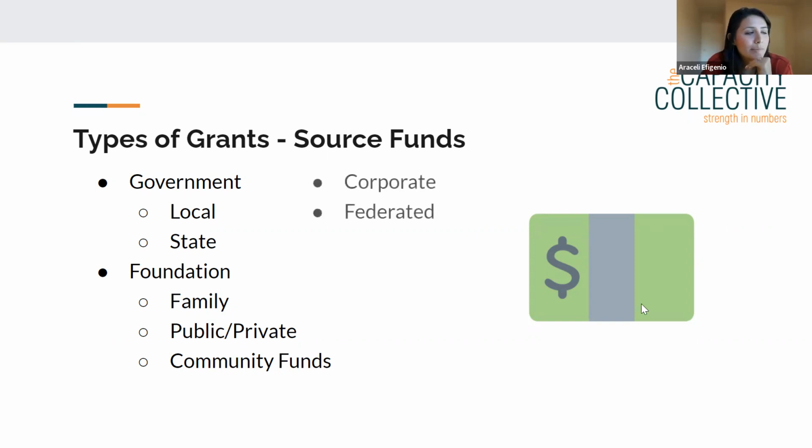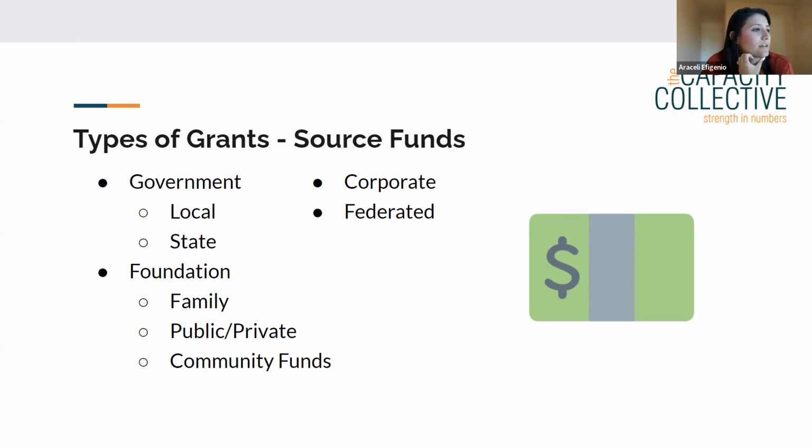There's also a couple of funds that are less common for nonprofits. One would be a corporate fund. That would be from a corporate business, like let's say Coca-Cola giving grants for COVID, or maybe Patagonia, the outdoors brand, providing grants for nonprofits that work helping the environment.